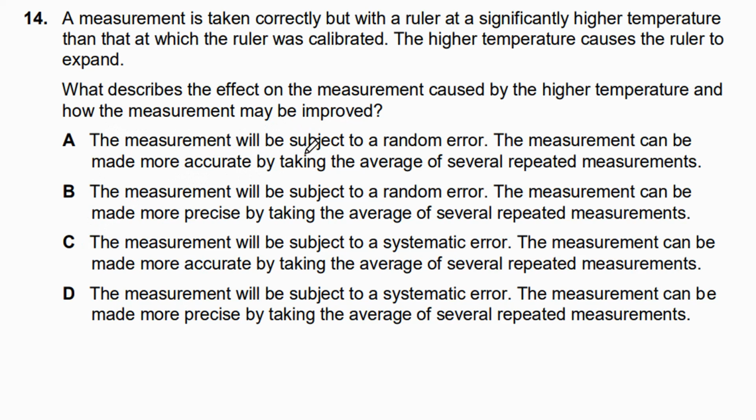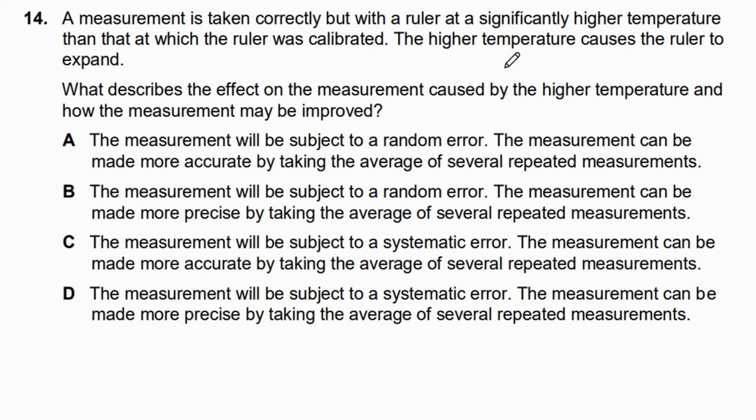For example, the measurement will be subject to a random error here in B, a systematic error in C, and in D also a systematic error. Now, we first need to decide whether the error is random or systematic. Remember that a systematic error occurs every time we take a measurement.